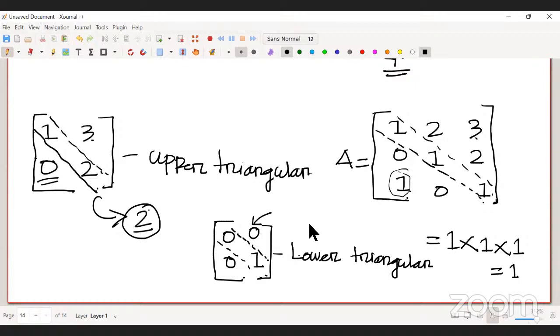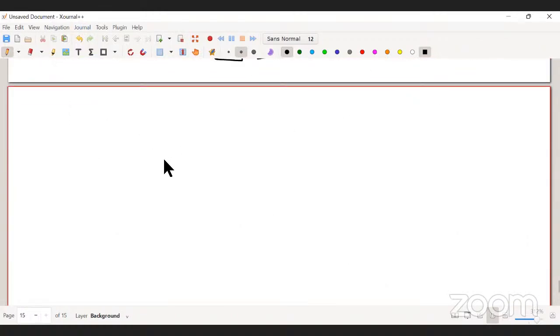Sir, suppose you take a 2 cross 2 matrix, A, B, and C, D, and we are doing scalar multiplication, I mean, addition of a scalar multiple of one row to another in this matrix.